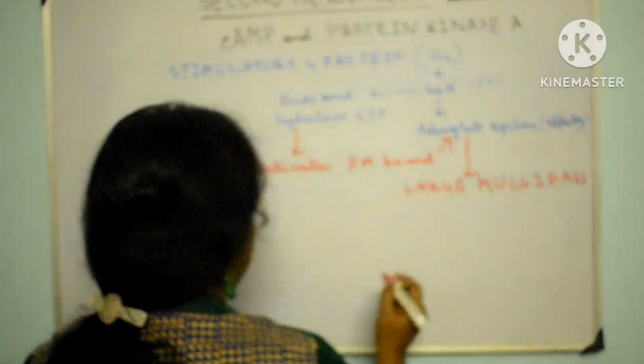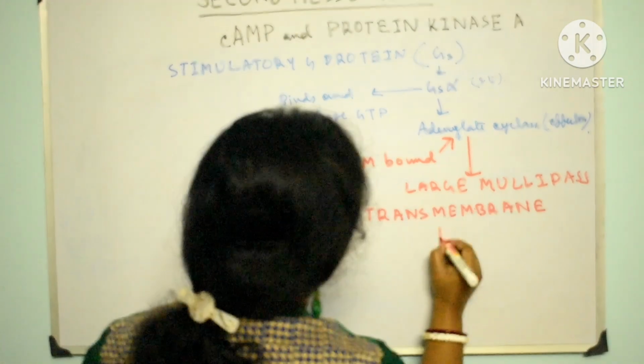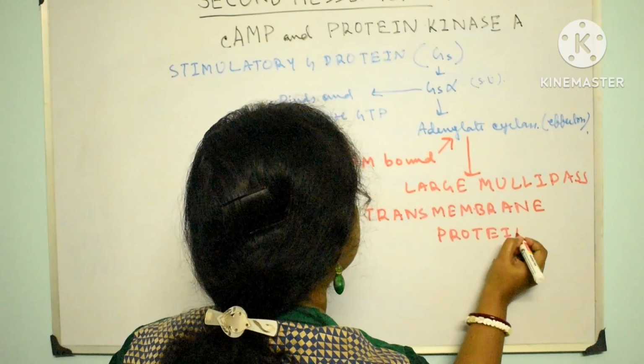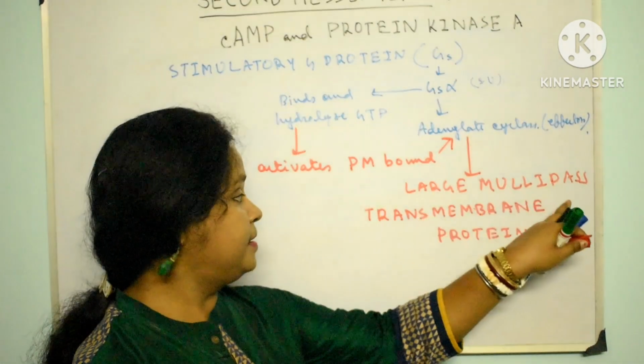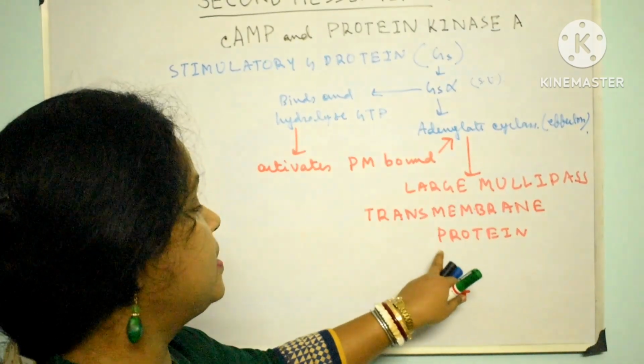What about adenylate cyclase? It is a large multipass transmembrane protein. Adenylate cyclase is a large multipass transmembrane protein.